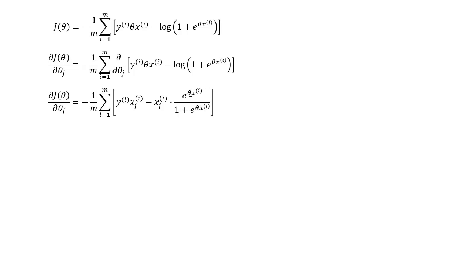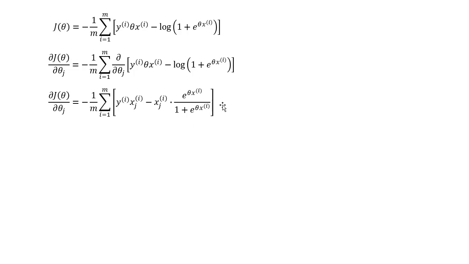So that gives me e to the theta x_i over 1 plus e to the theta x_i. But I'm not done yet, because the chain rule kicks in, and I now need to take the derivative of this theta x_i. Well, the derivative of theta x_i with respect to theta j leaves x_i sub j. So that's where this x sub j comes from. It is the derivative of this theta x_i that kicks in because of the chain rule.